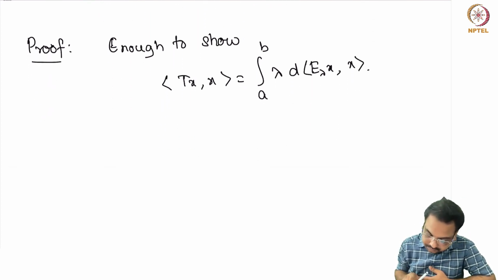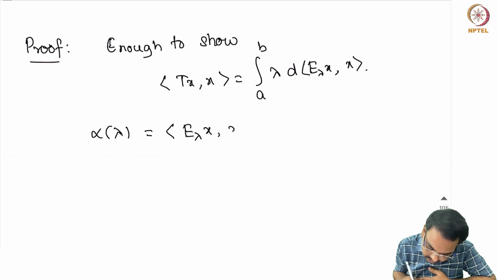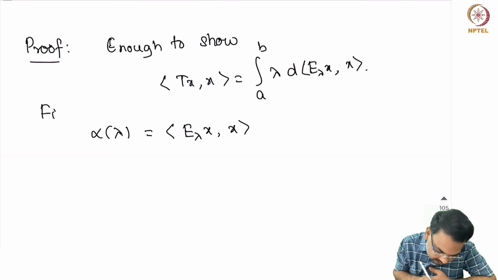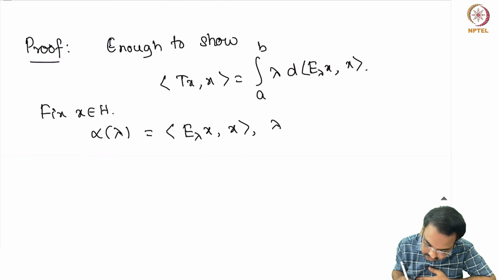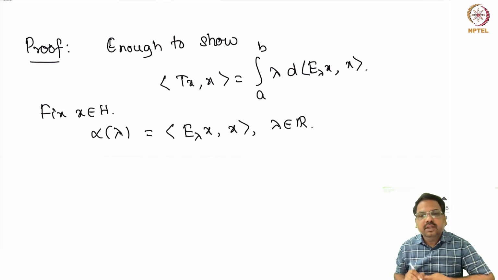Now let us look at the map alpha lambda equal to the inner product of E lambda x with x, where x is fixed. So let us fix x and look at this map for lambda in R. Now this alpha lambda is an increasing map in lambda.